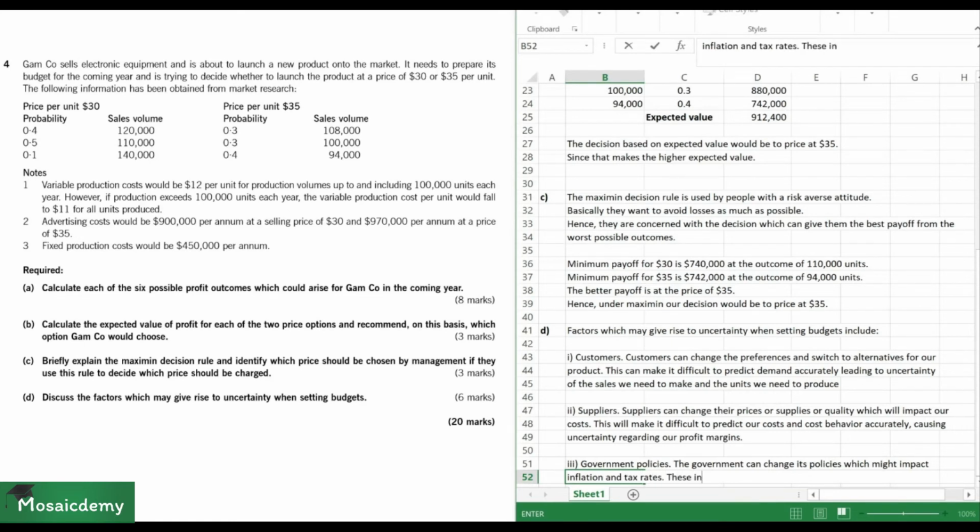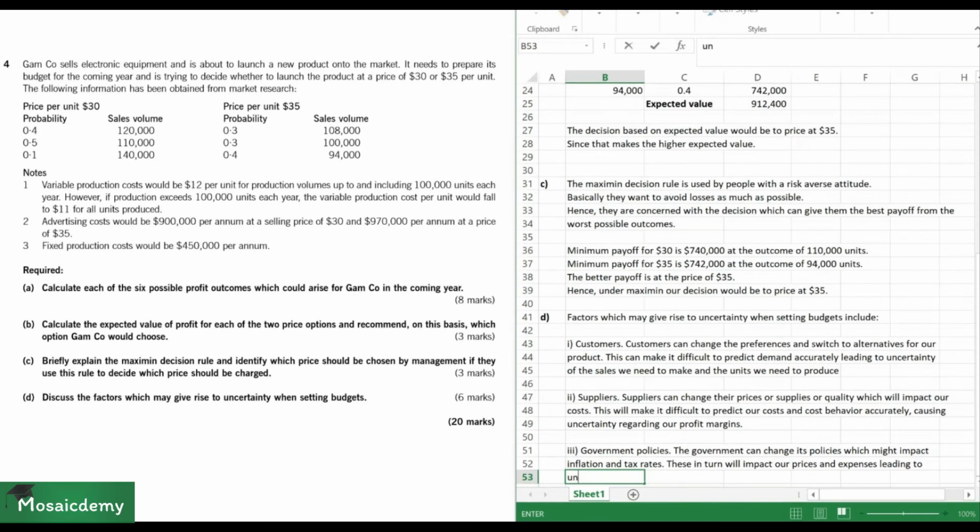These in turn will impact our prices and expenses, leading to uncertainty when budgeting for these.